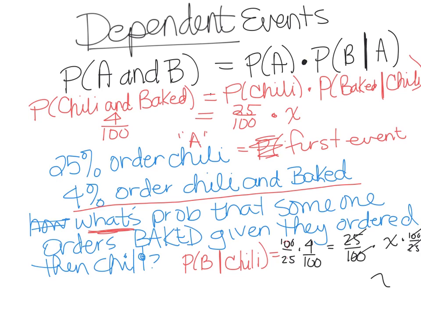So I have plain old X equals 4 over 25. So 4 over 25 is the probability that somebody will order the baked potato given that they've already ordered the chili. And that's 16%.